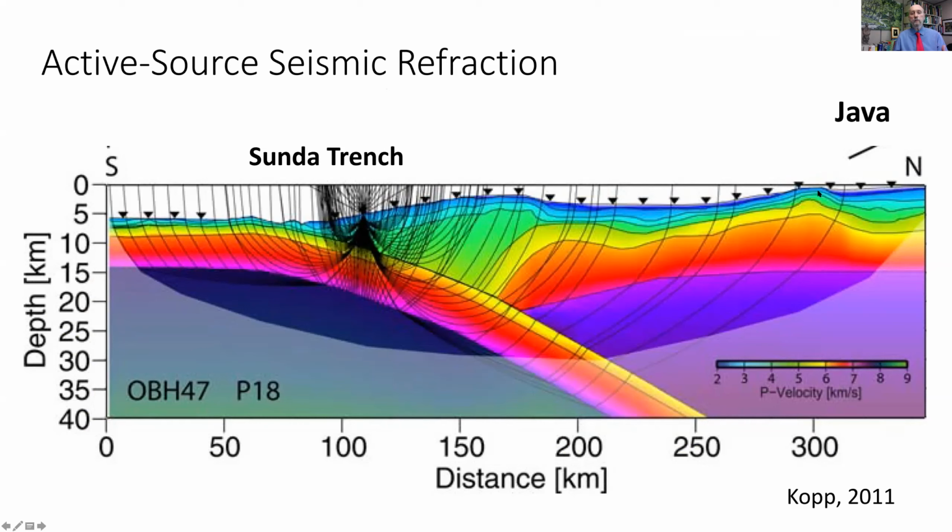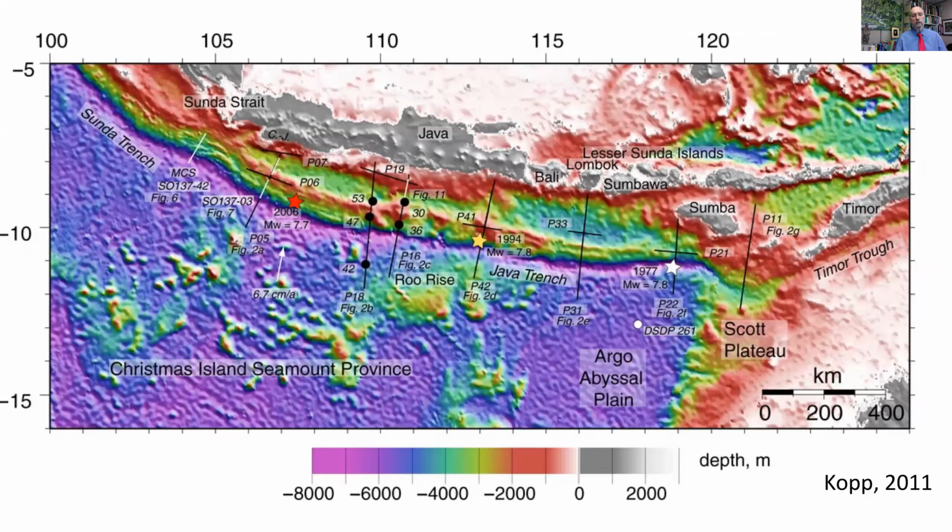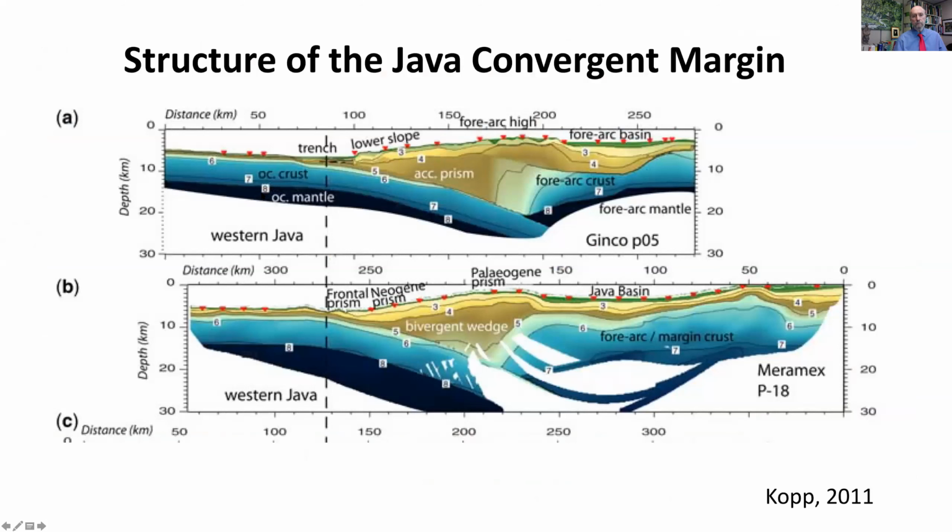This is a very good measurement of the velocity structure. It's not the same as the seismic reflection. Reflection is more like oil company exploration with the vertical incidence. So we'll look at one example of a cross-section taken from Western Java.